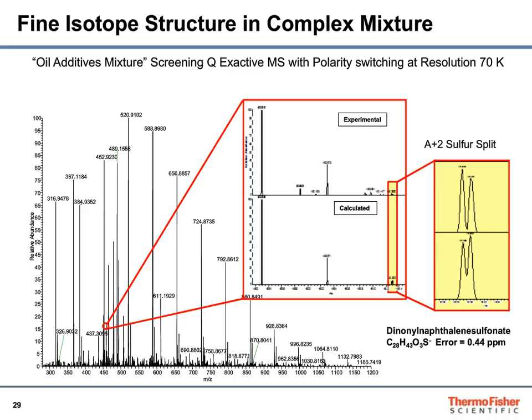So based on the information provided here, we can confidently come up with the elemental composition. And also here, in the bottom right corner, we list the name, the mass accuracy, and the elemental composition. By the way, this is acquired in the negative ion mode.